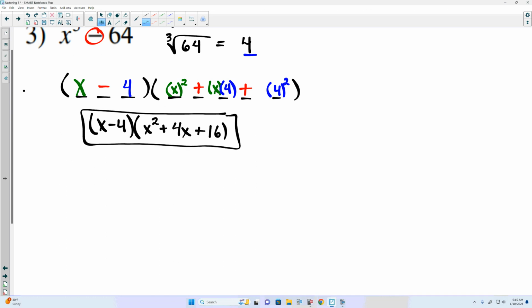So this x cubed minus 64 factors to x minus 4 times x squared plus 4x plus 16. Questions on this here? You ready for the next one? Okay.